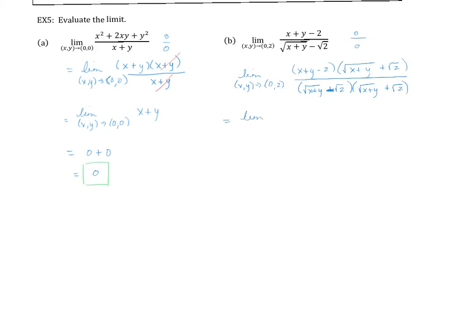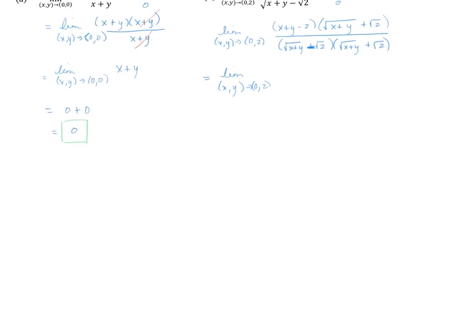The point of doing that is to get rid of the square root in the denominator and then reevaluate. I'm going to leave the numerator unfactored. I'm not going to multiply this out because something nice might happen so that I don't have to multiply all of this out. In the denominator, it turns into x plus y minus 2.